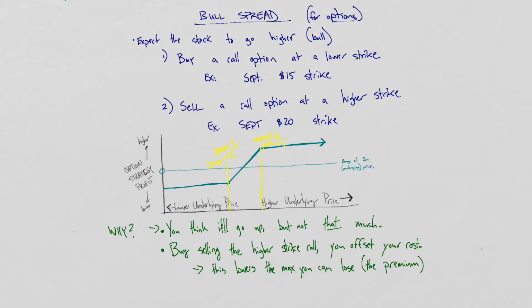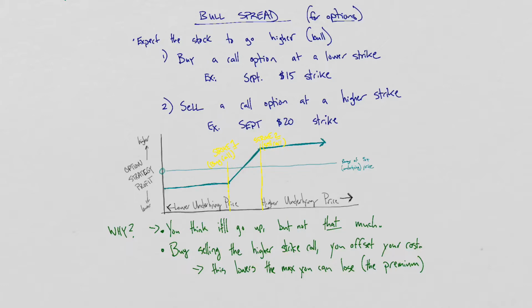But the unique thing that makes this a bull spread is this selling the call option. And if you sell the higher strike call, what you're doing is that you're expecting it, for example, to go above 15, but not go above 20. So you think it will go somewhere within this range.